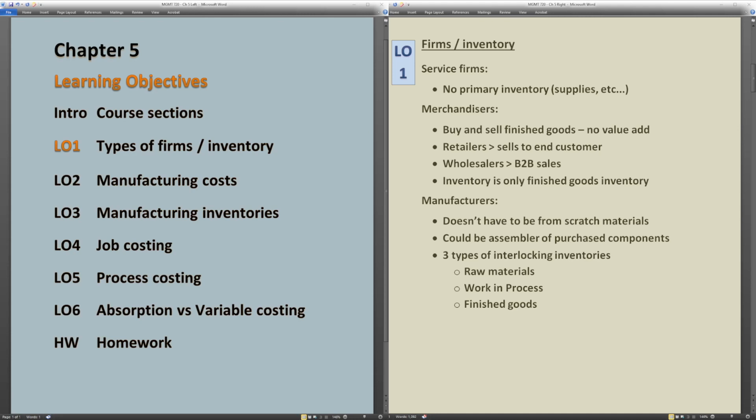Now, in managerial accounting, we start talking about manufacturers, and they are a little more complex. And what is a manufacturer? It's someone that buys something, does some sort of value add, changes it and then sells it on. It doesn't have to be necessarily, oh, you're starting from coal or iron ore or anything like that.